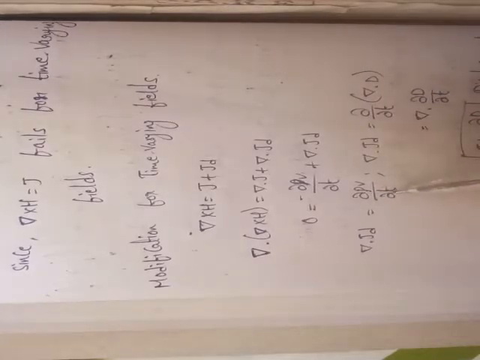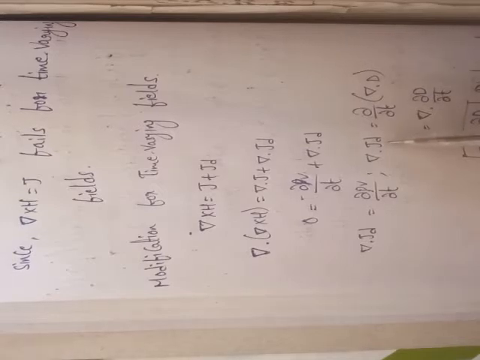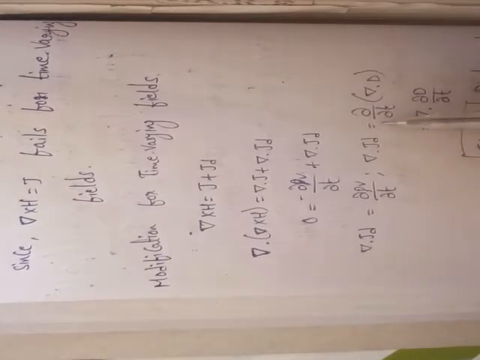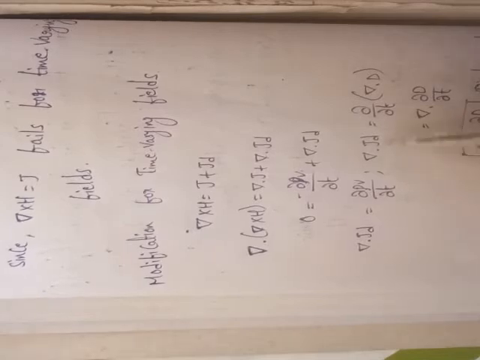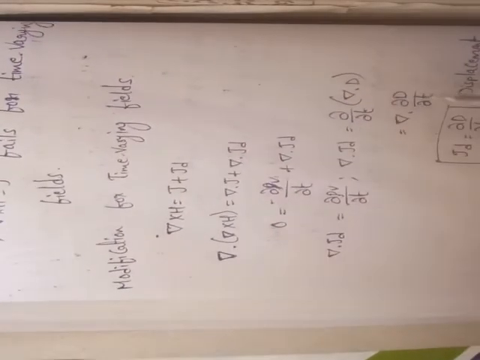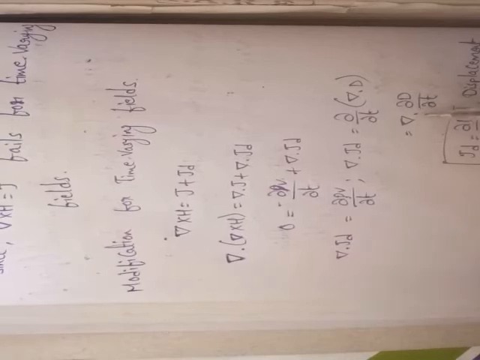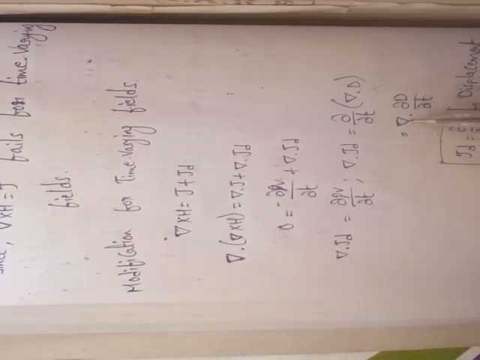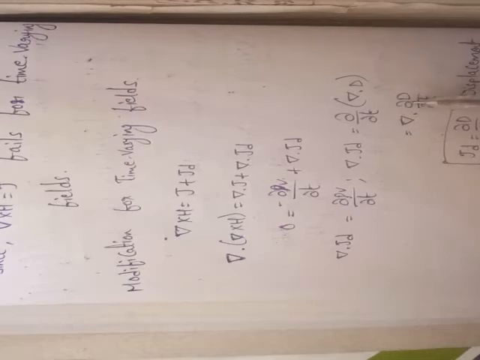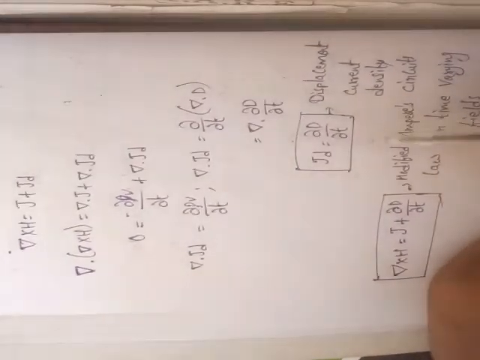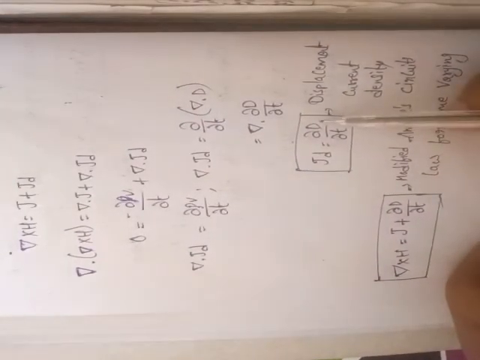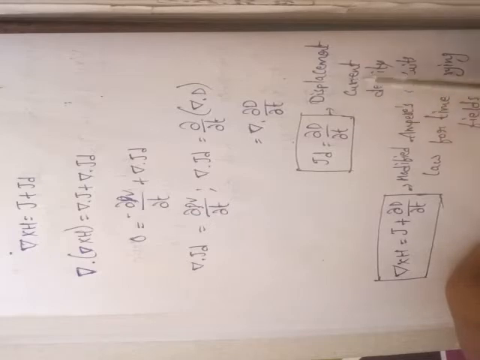So del dot JD is equal to dou rho v by dou t, where rho v is nothing but del dot D. Writing it like this, del dot JD equals del dot dou D by dou t, so JD is equal to dou D by dou t, which is known as the displacement current density.